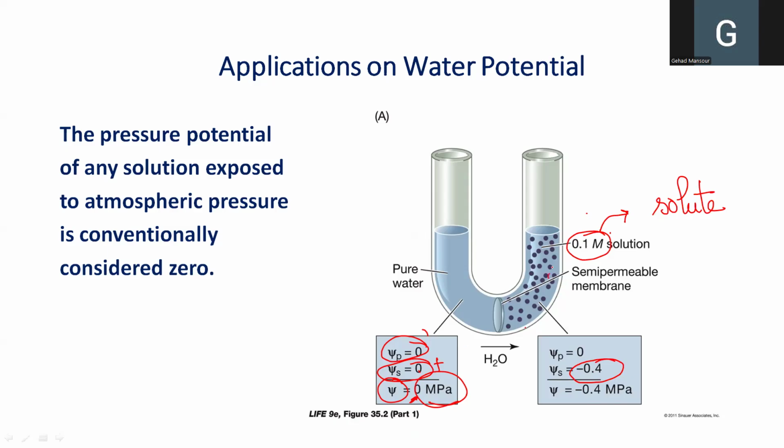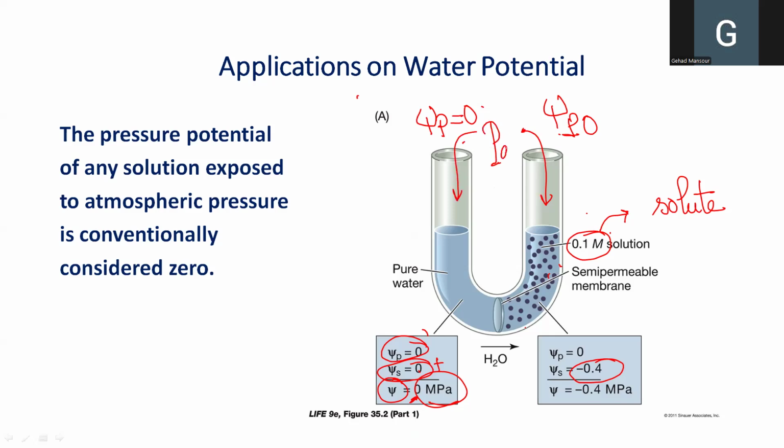But its pressure potential is 0. Actually, the pressure potential on both sides is 0. Why? Because there is no external pressure.